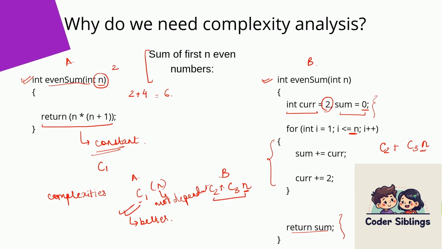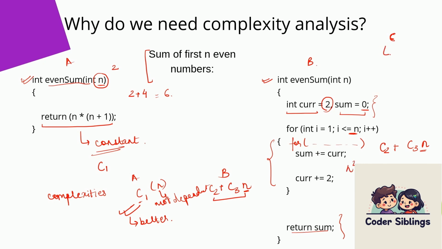Now, let us say we have another third algorithm, hypothetically, which has two for loops, right? So it has this for loop, and within it there is another for loop, with certain statements. So now the statements will execute n square times.